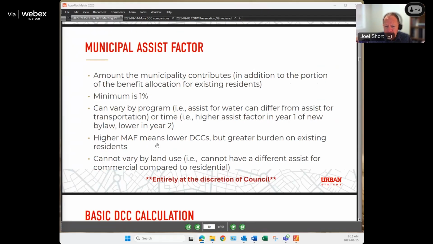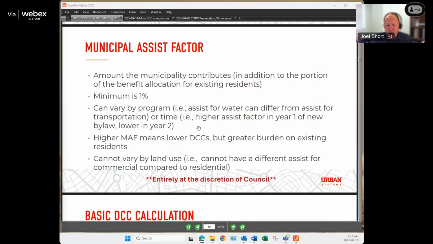The higher municipal assist factor means lower DCCs, but there's more of a burden on existing residents. So basically, as you increase the assist factor, the existing residents are paying more. They're basically subsidizing new development by providing assistance, and usually doing that through increases in taxes or say water and sewer rates.